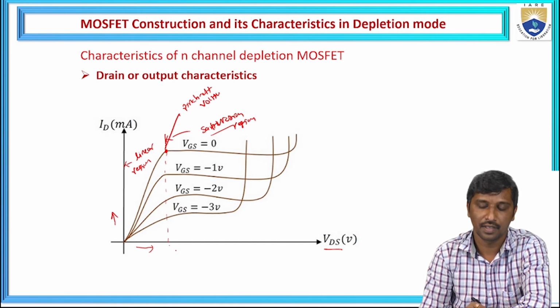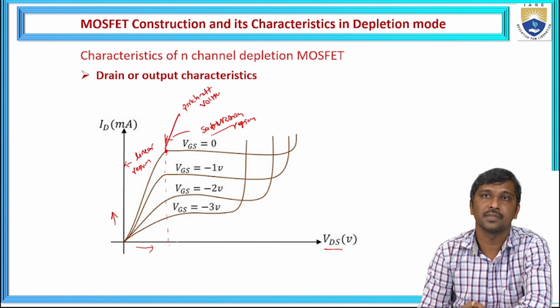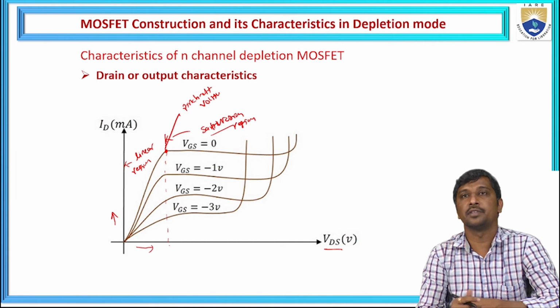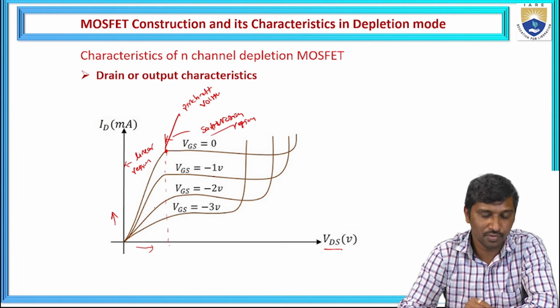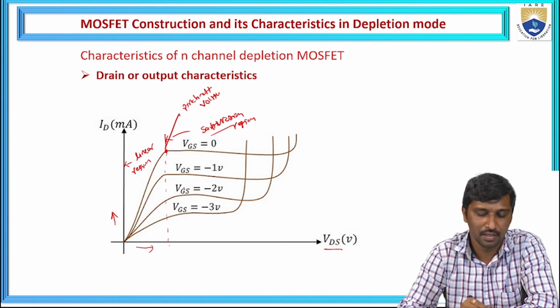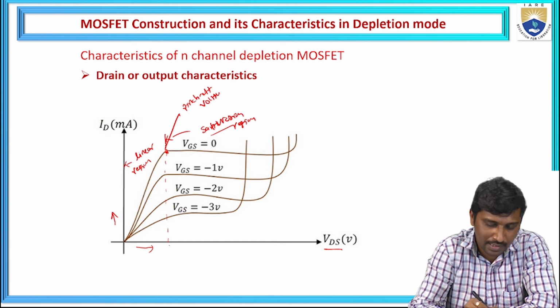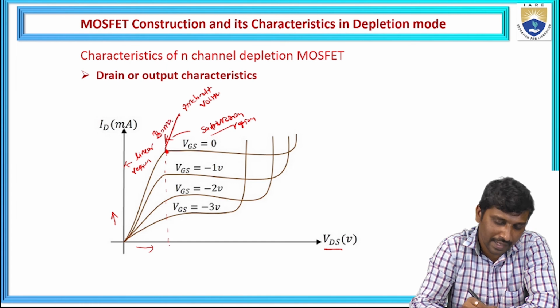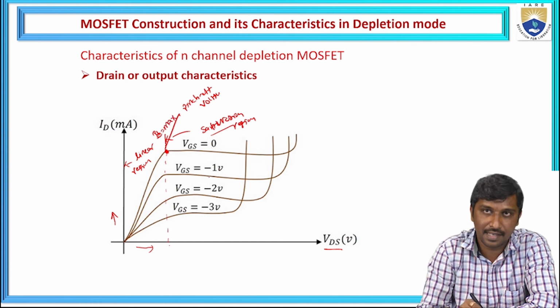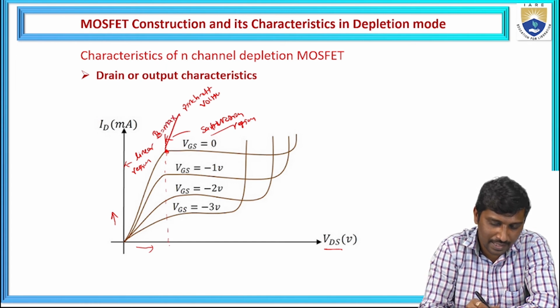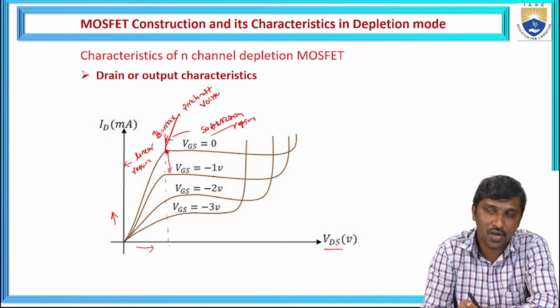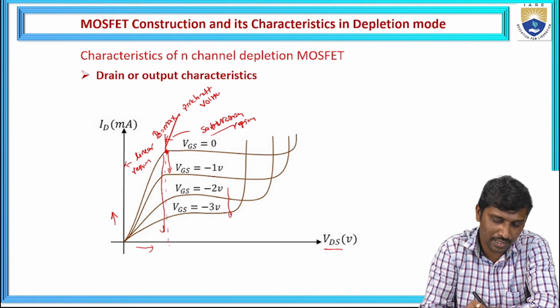Let us consider that I apply a constant voltage across the source to drain, and now VGS is decreased. When VGS is 0, what happens? Drain current is maximum. When VGS is reduced from 0, the drain current decreases from the maximum. As VGS is reduced further, the drain current also reduces.